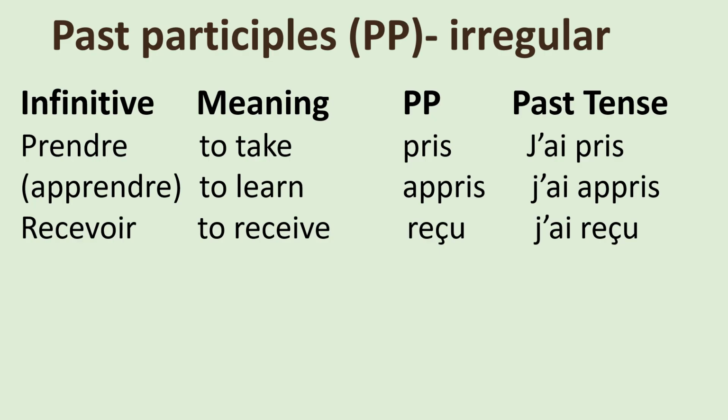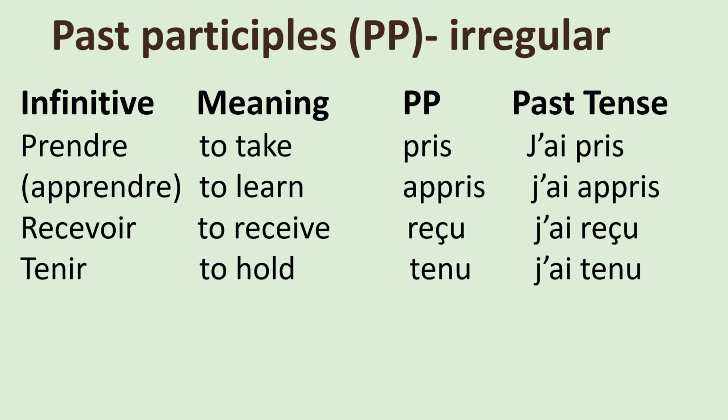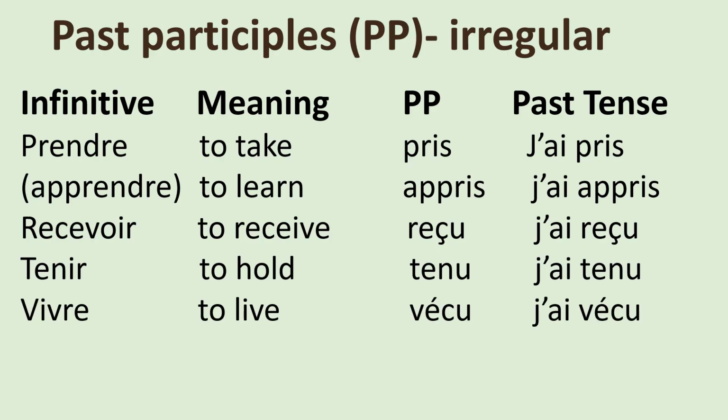Recevoir, to receive, but be careful, it's only a two-syllable word, reçu, with a cedilla and with the sound s. J'ai reçu. Then we have tenir, to hold, tenu, j'ai tenu. Vivre, to live. And here we are going to have vécu. So we're not going to say vécu because we don't have a cedilla.